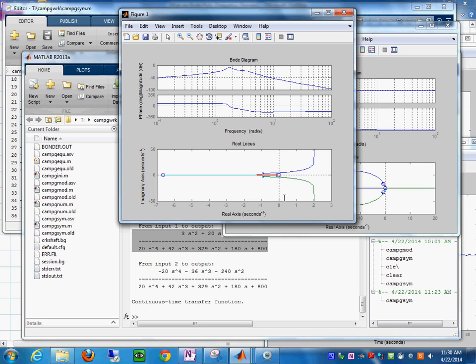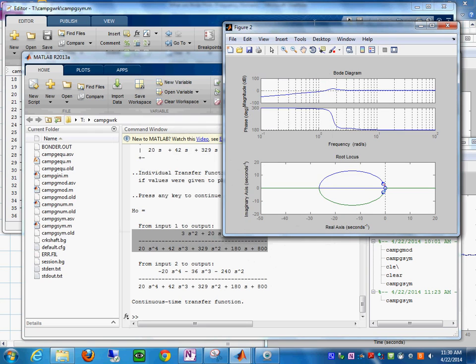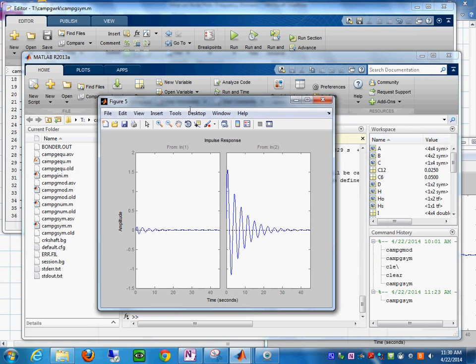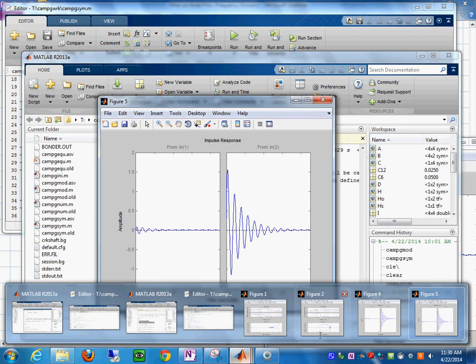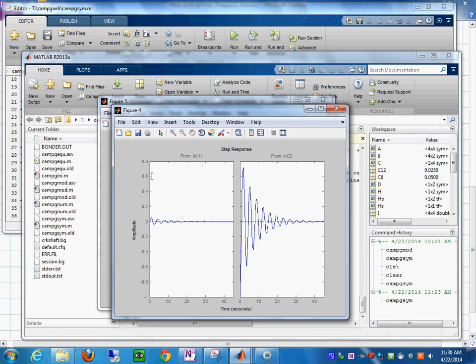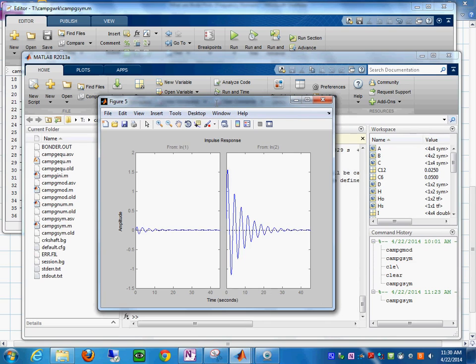This root locus plot, we're going to leave it for now, but let's just do the frequency response first, because that's what we're concentrating on right now. And also, this figure 2 is for the other one, and it will give us the step input for both transfer functions, and it gives us also the impulse response for both transfer functions.